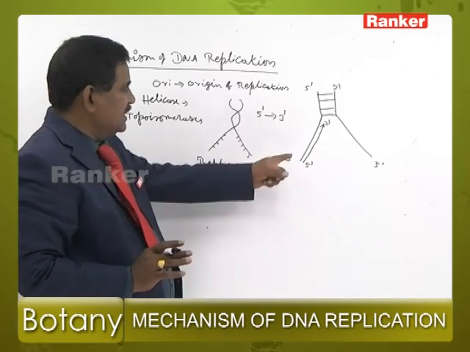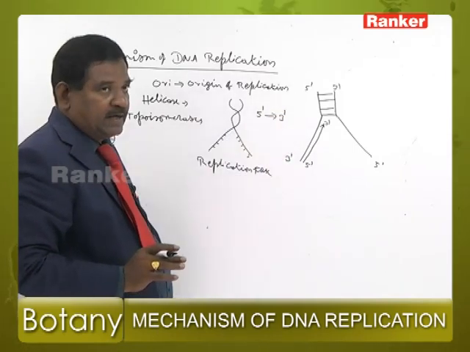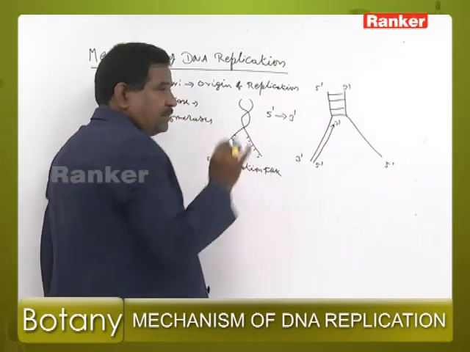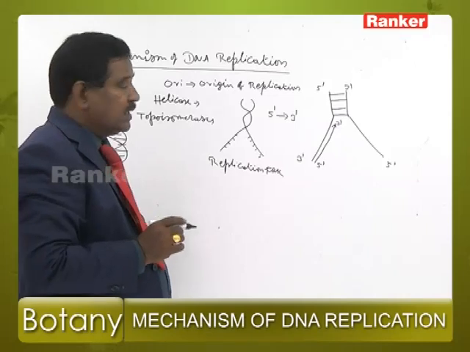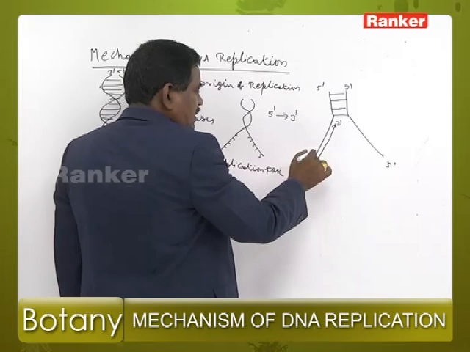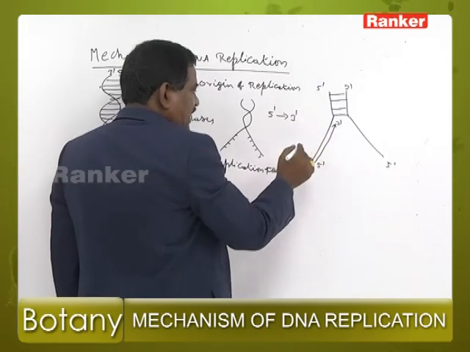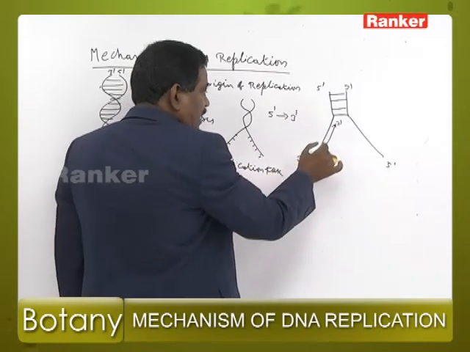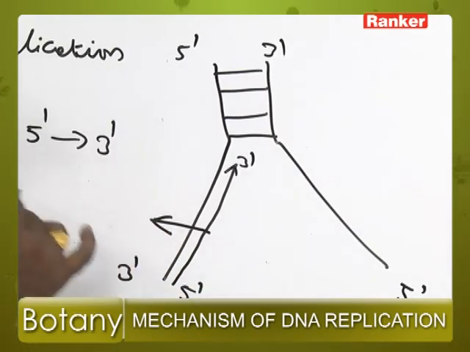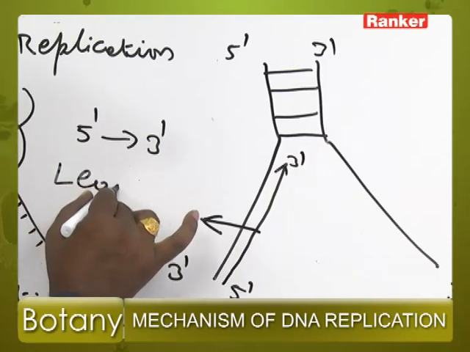The template strand is the 3' to 5' strand. In that region, the new strand is synthesized continuously. So it is a continuous synthesis, and the continuously synthesizing strand is called the leading strand.